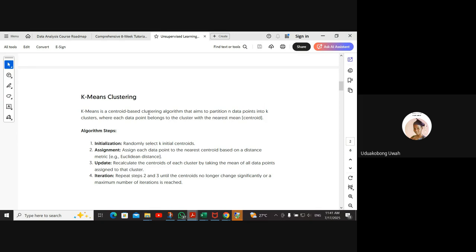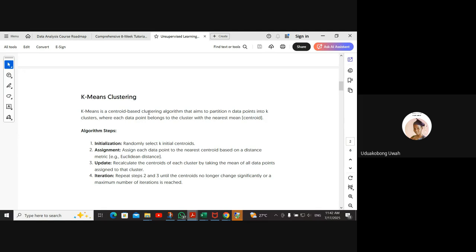Now let me break down K-means clustering. K-means clustering is an unsupervised machine learning algorithm used to group data sets into K distinct, non-overlapping clusters. Each one is in its own distinct partition.